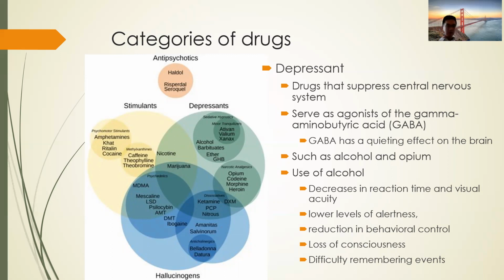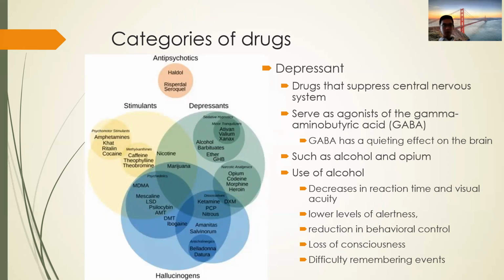They can lower the excitation of the central nervous system, or lower the levels of brain activity, because they are agonists of a certain neurotransmitter. The neurotransmitter is gamma-aminobutyric acid, or GABA.